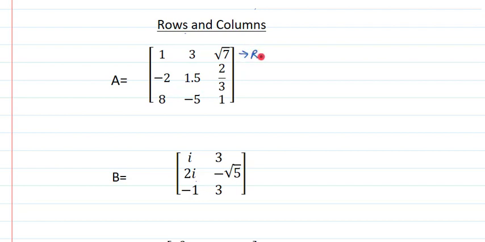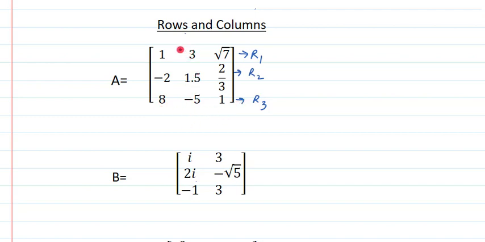This is R1, R2 and R3. Elements of R1 are 1, 3, root 7. Elements of R2 are -2, 1.5, 2 upon 3. Elements of R3 are 8, -5, 1.